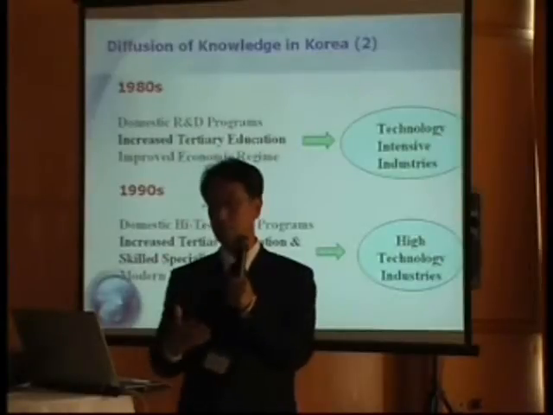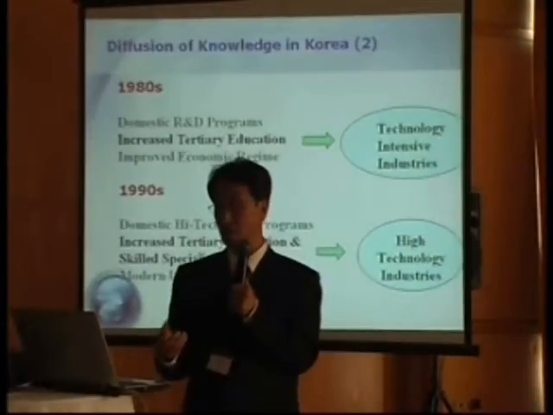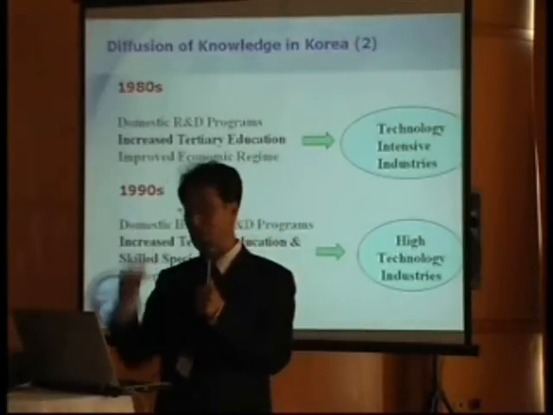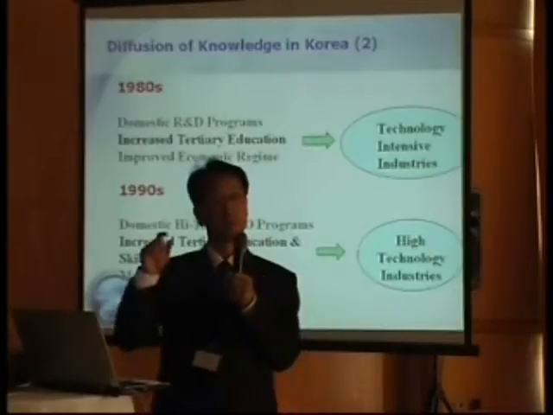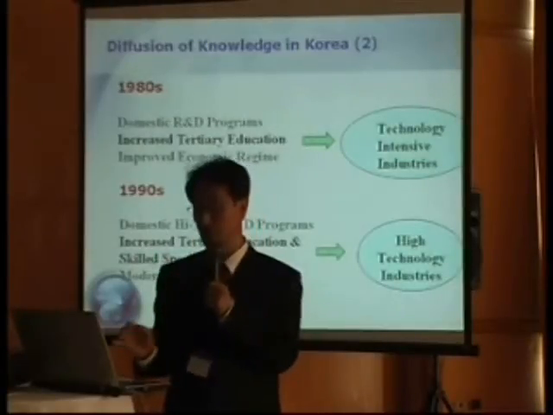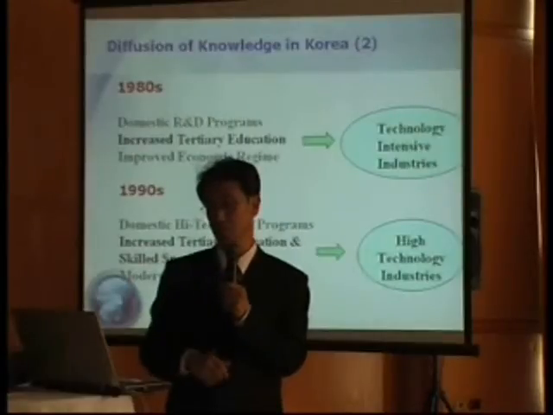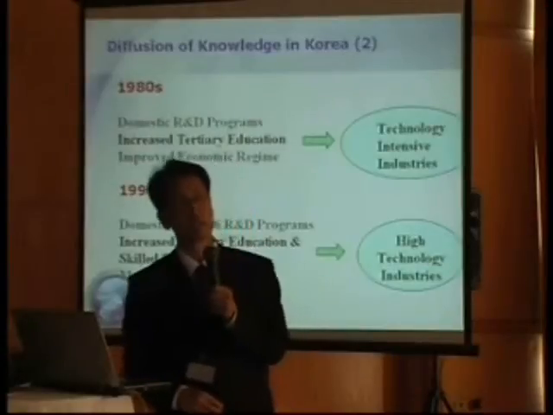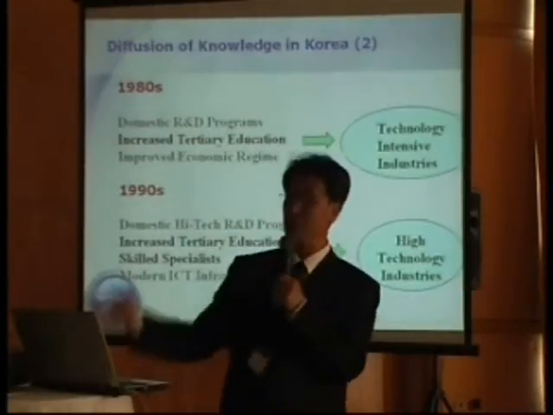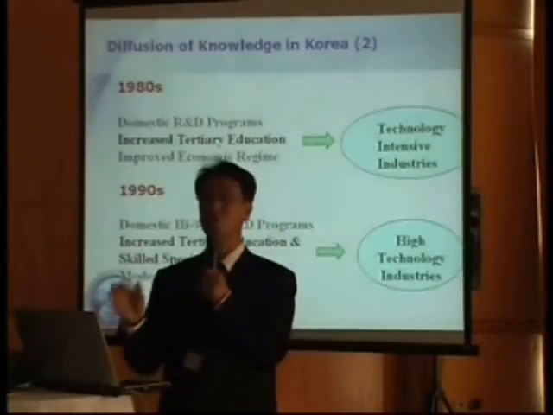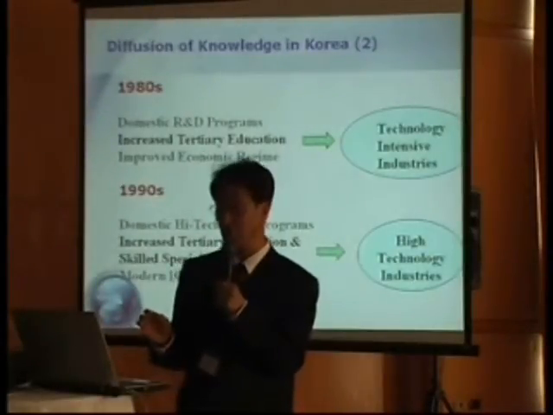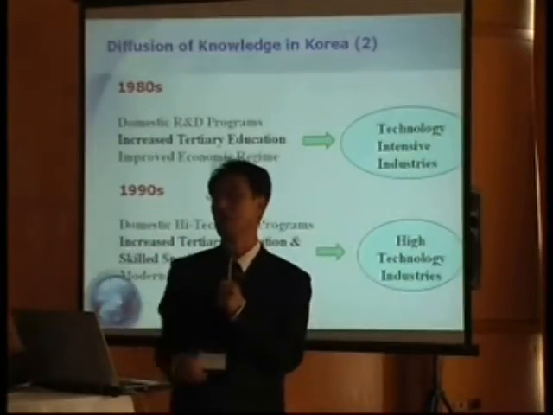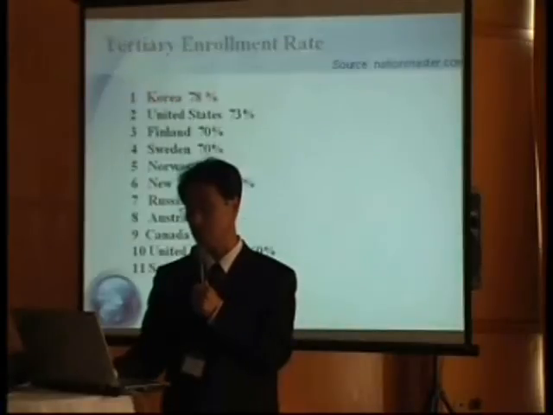In the 1980s, we deepened educational quality and dramatically increased tertiary education to start our technology-intensive industries. By that time we started semiconductor production in Korea, and in the 1990s, it was really private-driven, and the government started to put emphasis on high-tech industries. Back in the 1980s, the government established many technology research institutes in Korea to support and educate highly technological personnel.